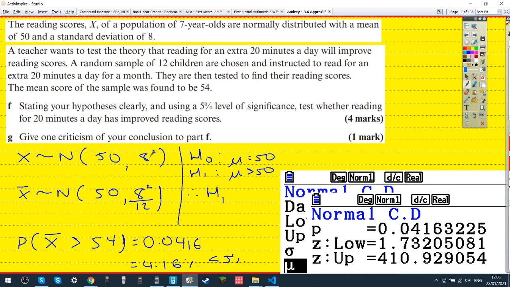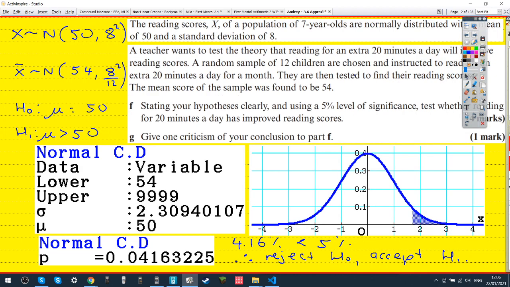Of all the kids, if you take 12 kids randomly with all these variables, the odds of getting a mean of 54 or more are 4%. And so because it's pretty rare, we say, yeah, their scores have gone up. And so this is what it looks like.